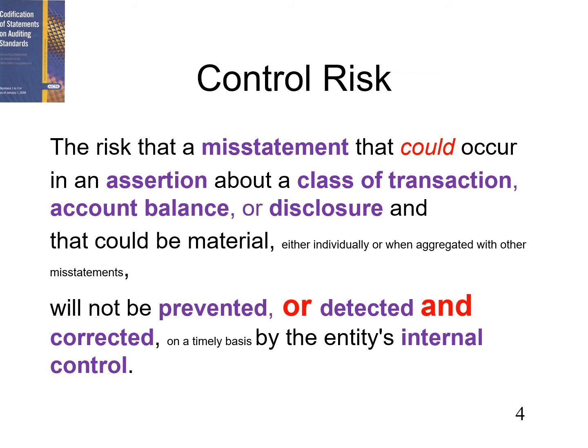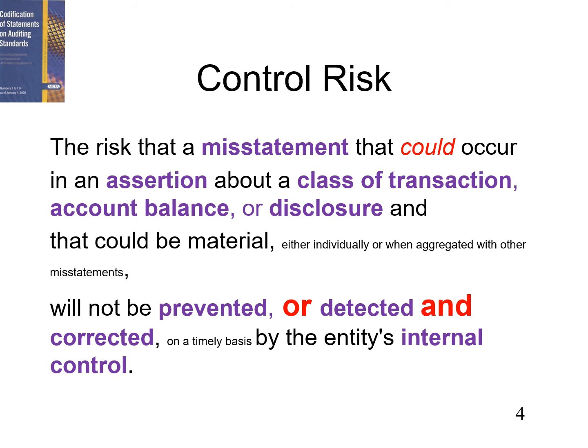Control risk. I've emphasized before, and I will continue to emphasize, you need to know this virtually word for word. The risk that a misstatement could occur, didn't necessarily, but could, in an assertion about a class of transaction, account balance, or disclosure.